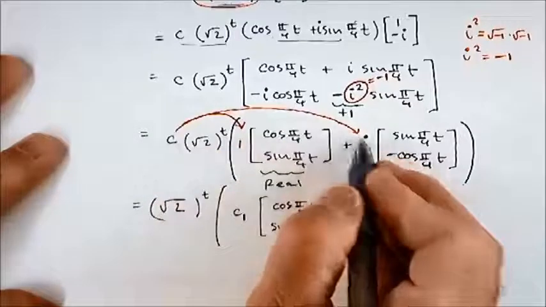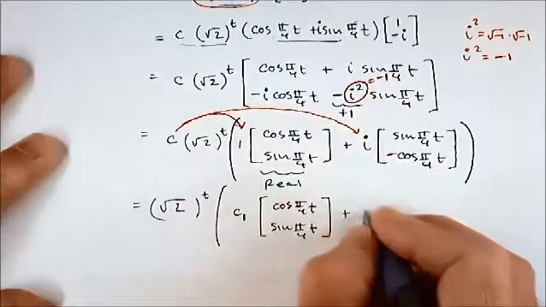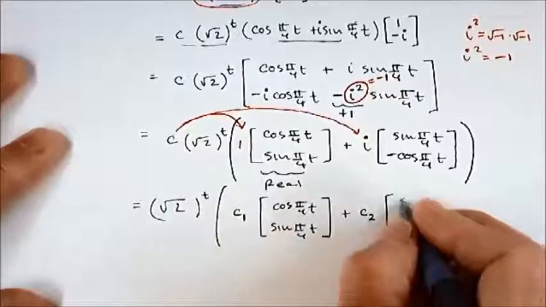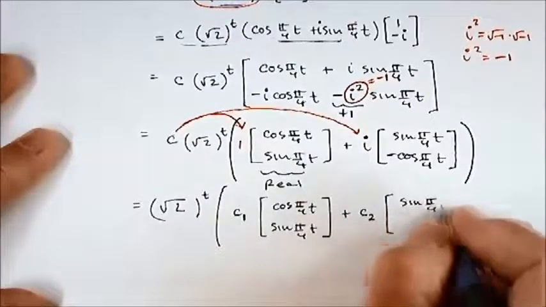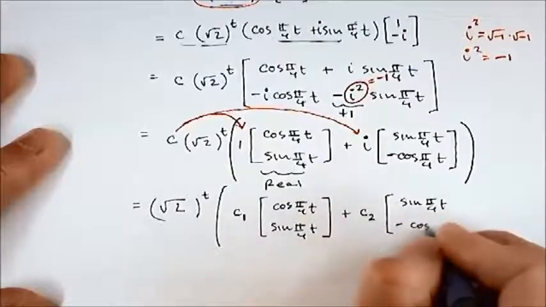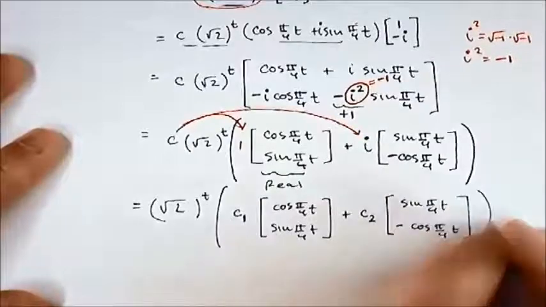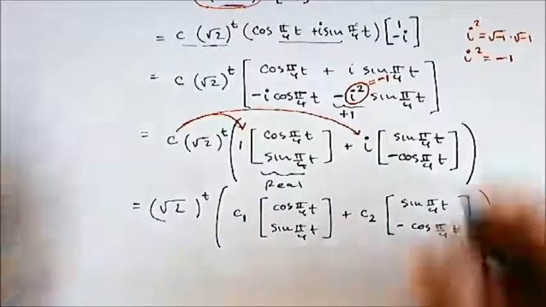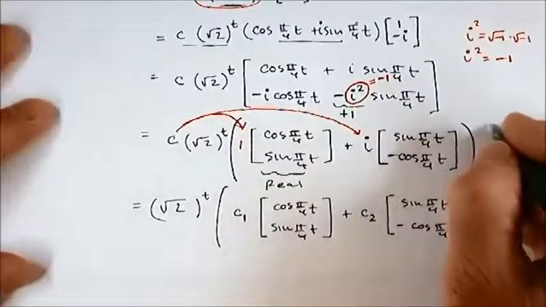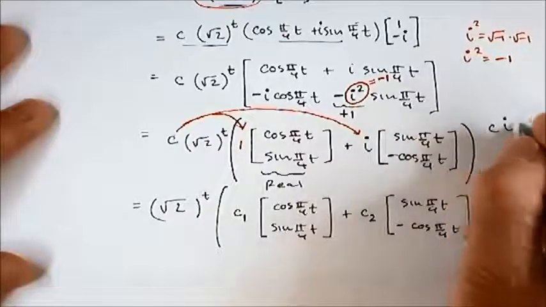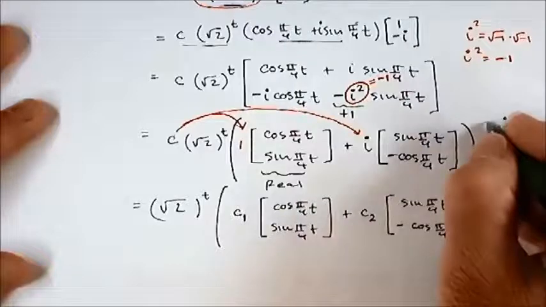But C times i, I'm going to replace that with a different constant. I'm going to call that C2, times sine. Let me make a note of that because that is a little bit weird. So I'm calling C times i, C2.